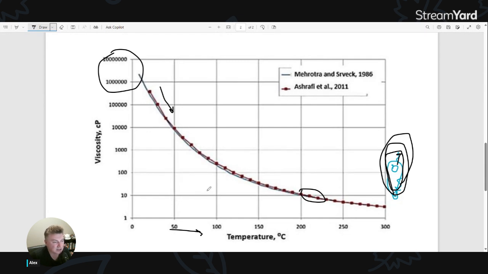But if you're trying to understand the dynamics here, at 50 degrees we get to 10,000 centipoise. At 100 degrees we get to maybe 500 centipoise. What is that flow of viscosity?